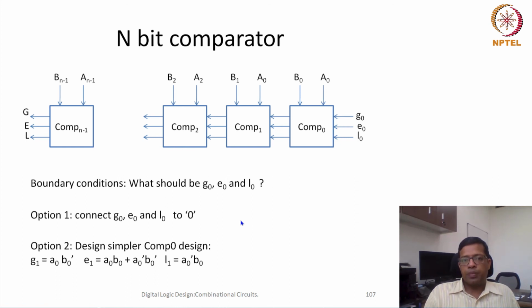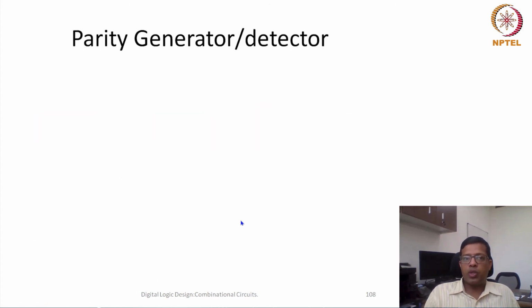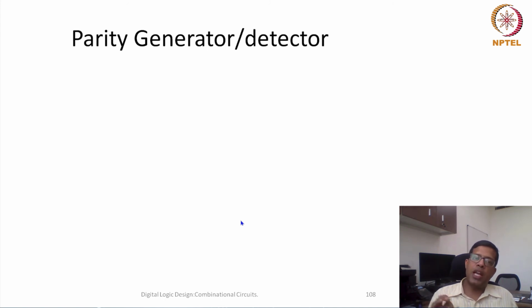Okay, so the next example we are going to take is parity generator and detector. Before explaining this particular problem, first let me tell you what is parity. Parity is usually one bit which helps us in checking whether the sequence is correct or not. So how does it do?